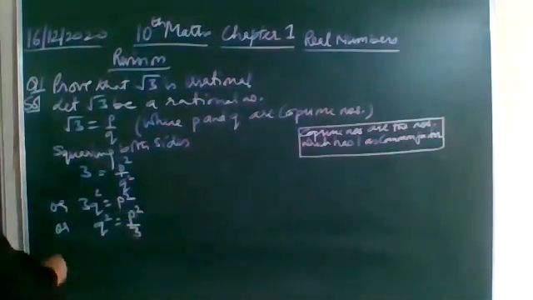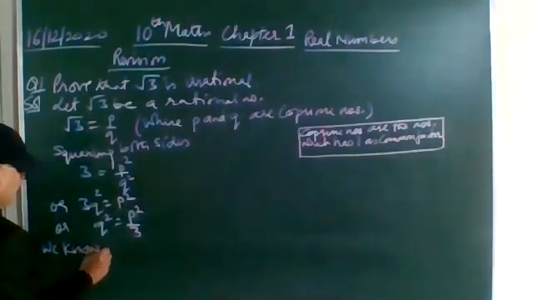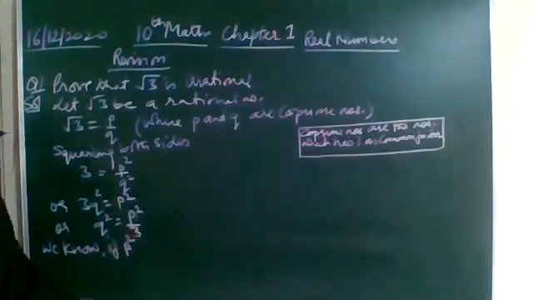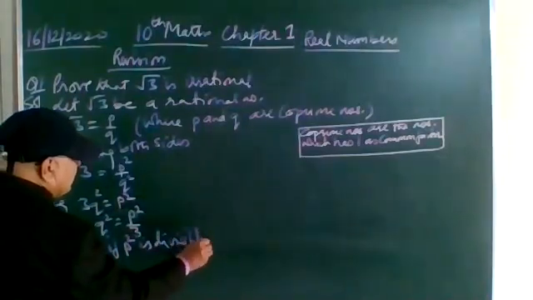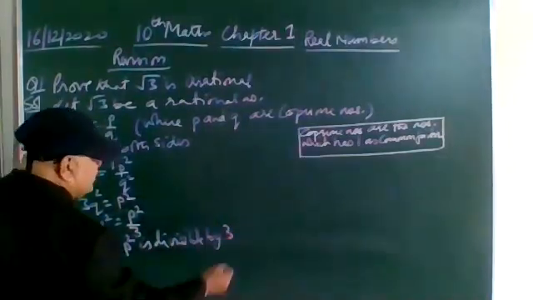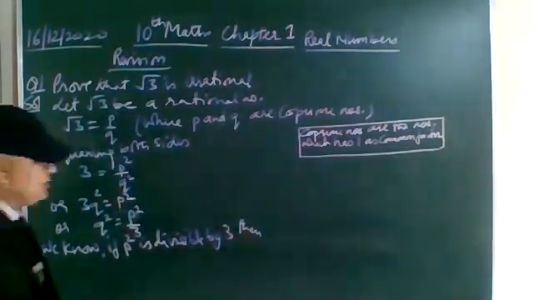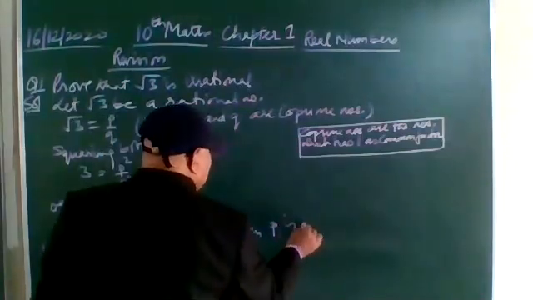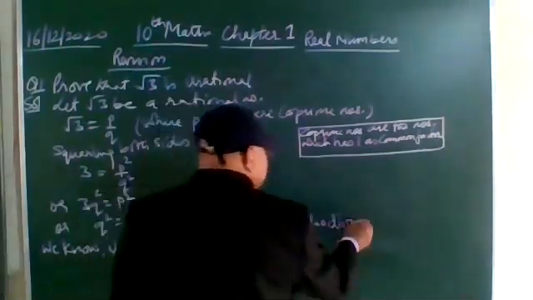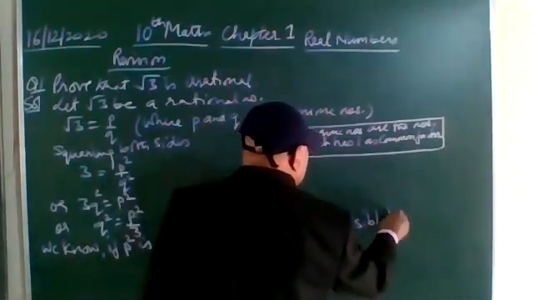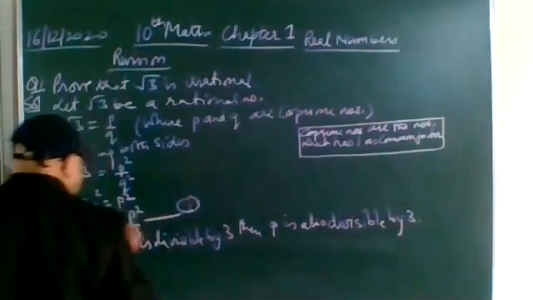Now we know, if P square is divisible by 3, then P is also divisible by 3. Take this as the first equation.